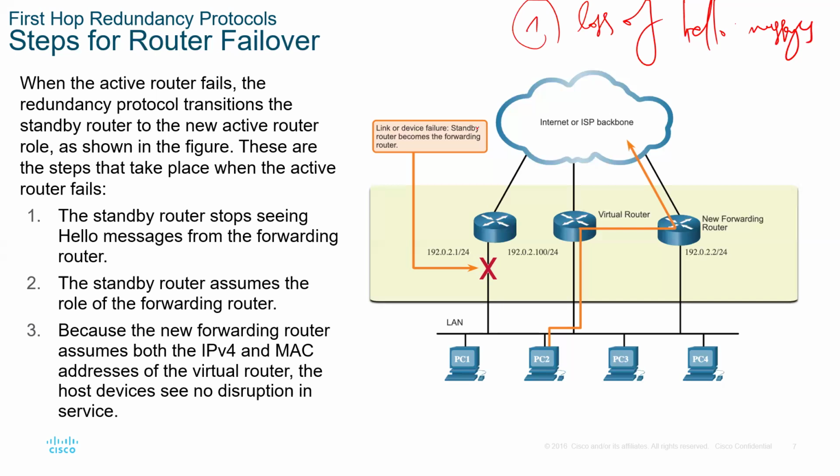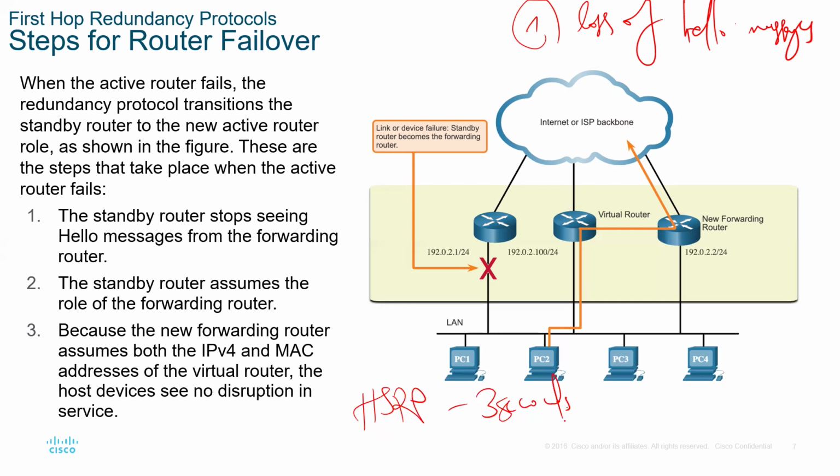They are sending each other hello messages, at an interval depending on the protocol. For example, for HSRP, by default, every 3 seconds there is a message being sent. That message contains information such as the priority of that router.